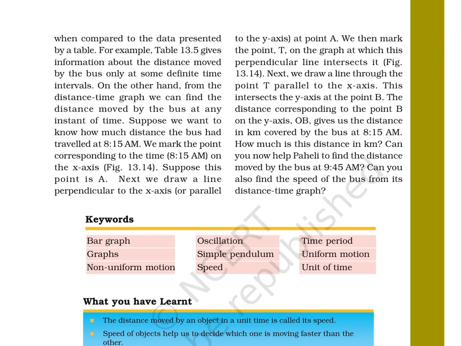Next, we draw a line through the point T parallel to the x-axis. This intersects the y-axis at the point B. The distance corresponding to the point B on the y-axis, or OB, gives us the distance in kilometers covered by the bus at 8:15 am.